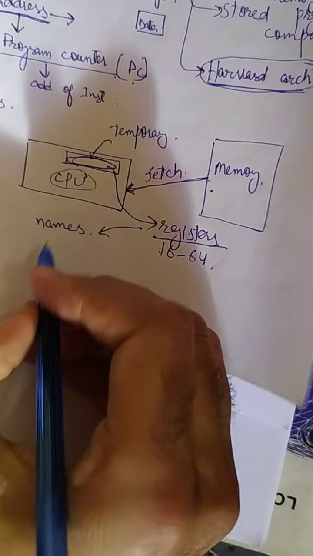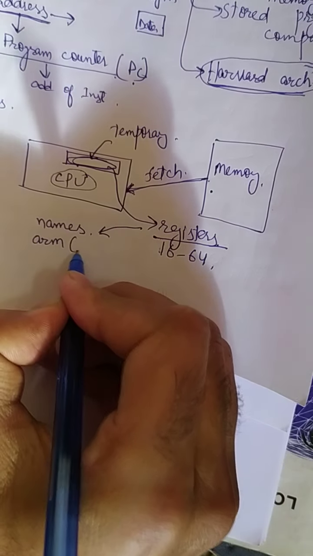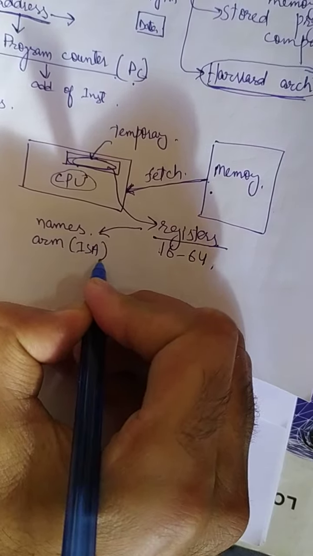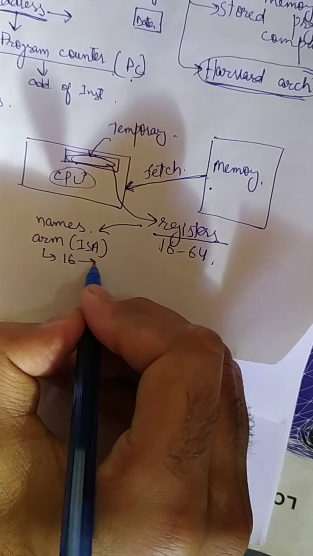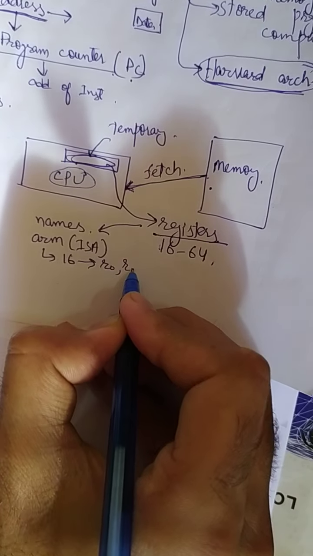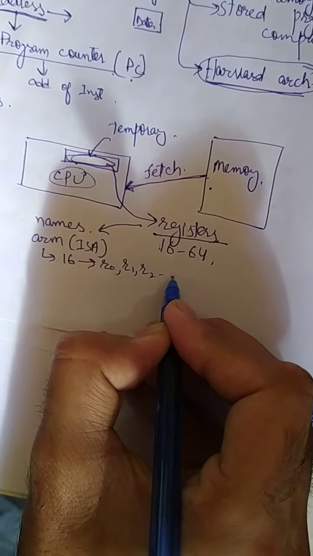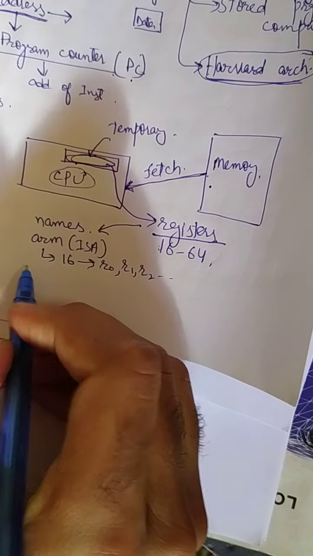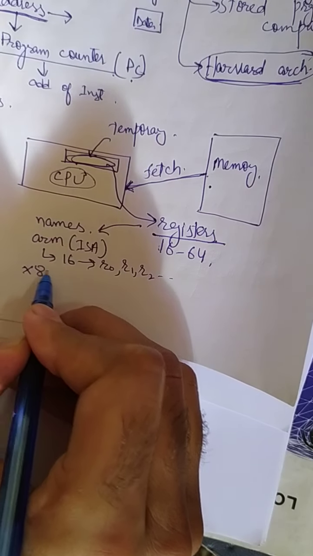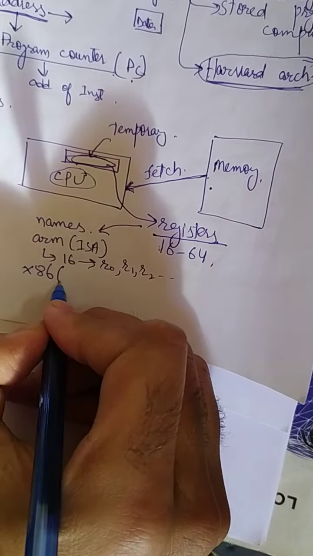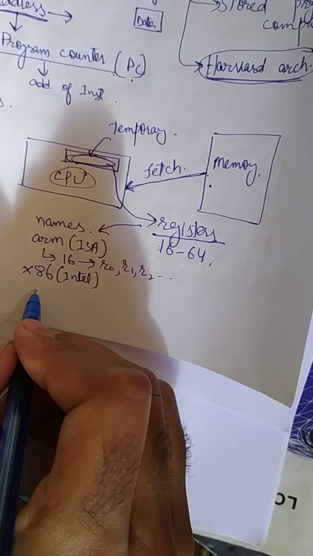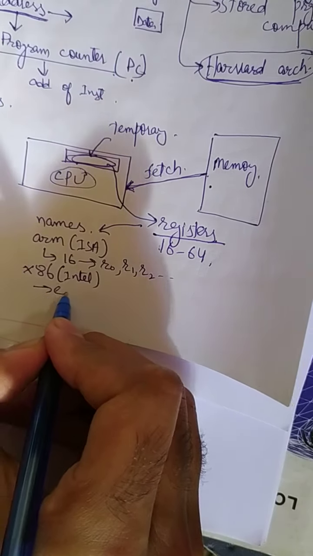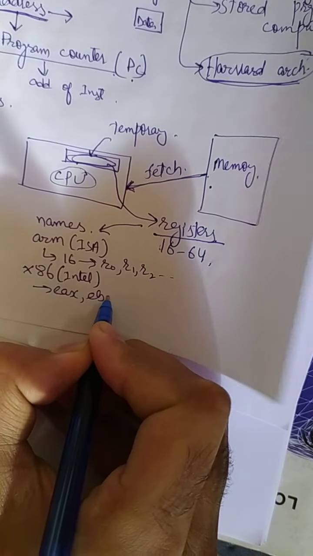For example, ARM is an ISA, instruction set architecture, and it has 16 registers, and it names its registers R0, R1, R2, likewise. Similarly, we have x86. This is also an instruction set architecture that is used by Intel. It names its registers EAX, EBX, and similar.